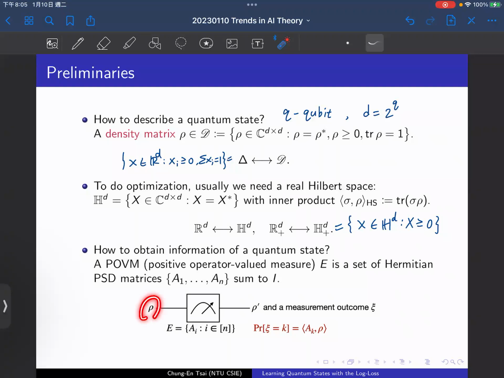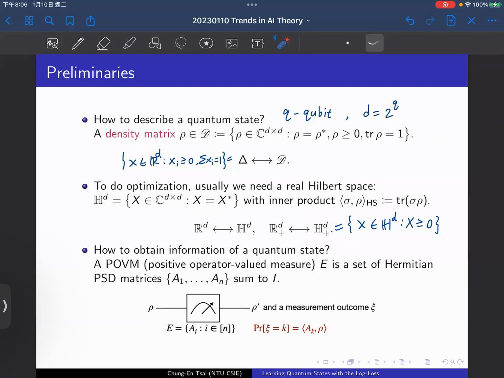Suppose we have a quantum state rho represented by a density matrix, and we measure it by some device, and then the quantum state will change to another quantum state, and we'll obtain a measurement outcome, C. Let's talk about how to model the device here. This device is called a positive operator valued measure, a POVM, and it is a set of Hermitian positive semi-definite matrices that sum to the identity matrix. This is the definition.